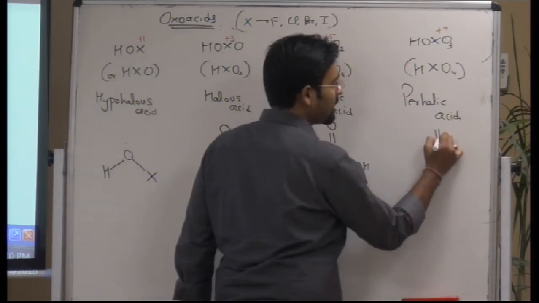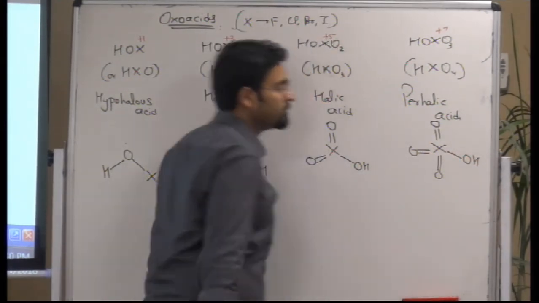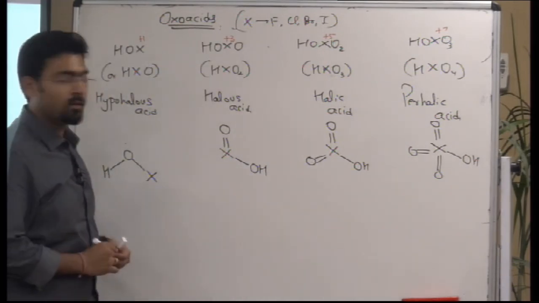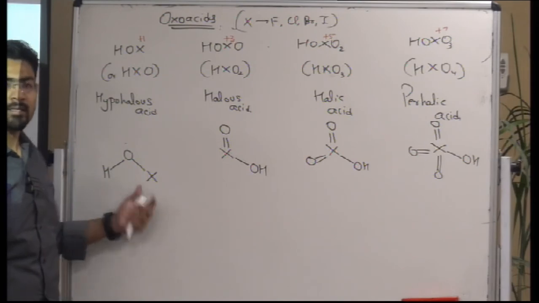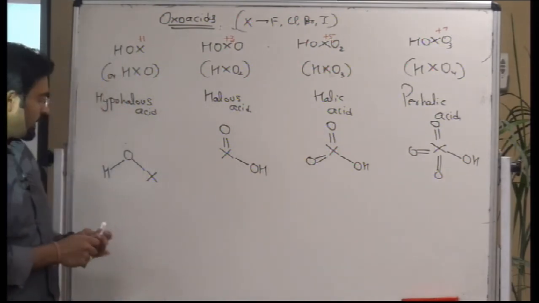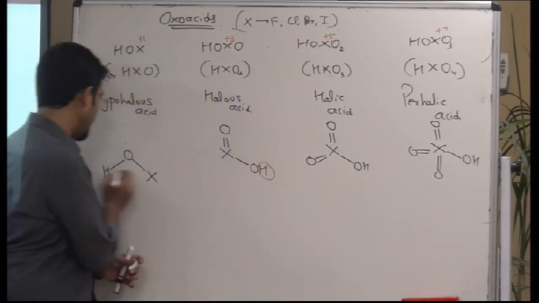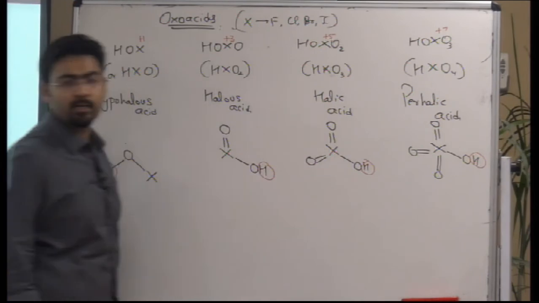This is X double bond O, double bond O, double bond O, and then OH. So the hypohalous acid does not have the double bond O kind of linkage, but the others have. In these cases, this hydrogen is acidic in nature, the hydrogen bonded to the oxygen atom.